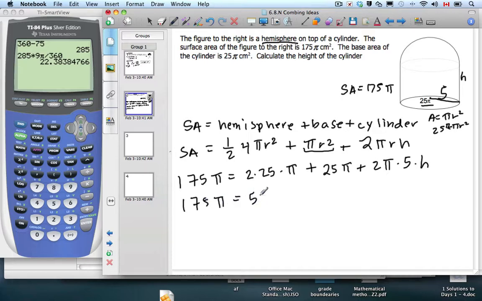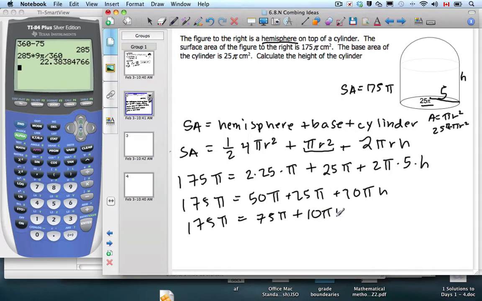We get 50 pi plus 25 pi plus 10 pi h equals 175 pi. Now it's just algebra, all the geometry part's done. So I get 75 pi plus 10 pi h. Minus 75 pi from both sides, and I'm left with 100 pi.